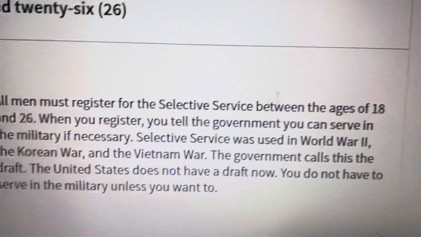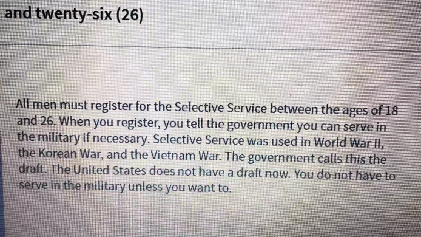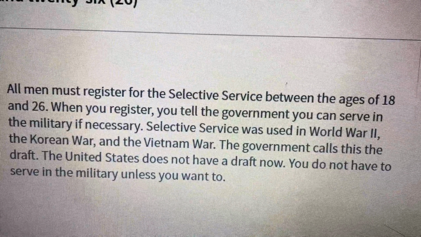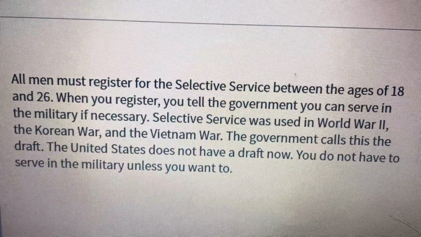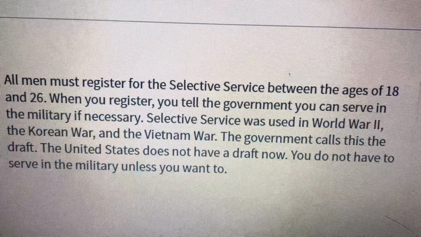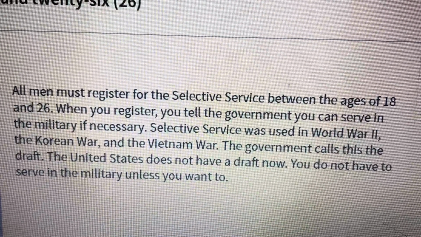When must all men register for the Selective Service? The Selective Service registration is from 18 years old to 26. All men must register for the Selective Service between the ages of 18 and 26. When you register, you tell the government you can serve in the military if necessary.